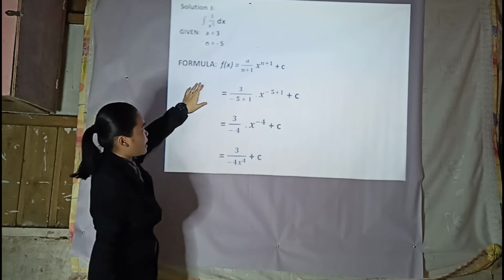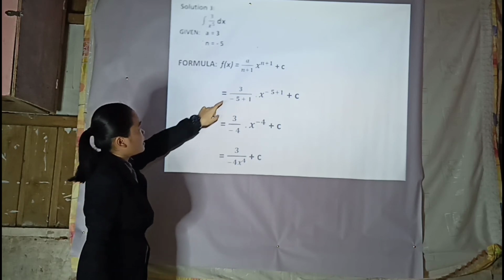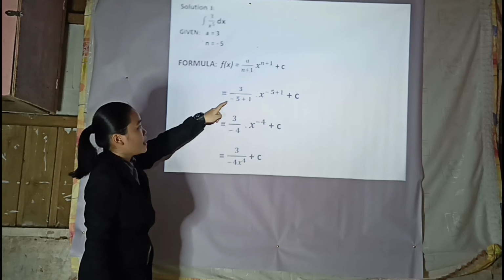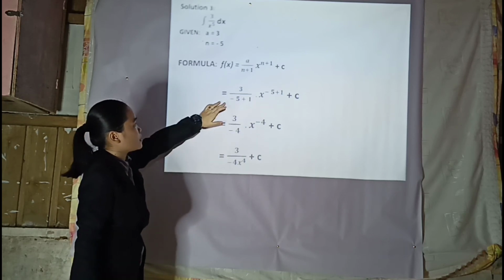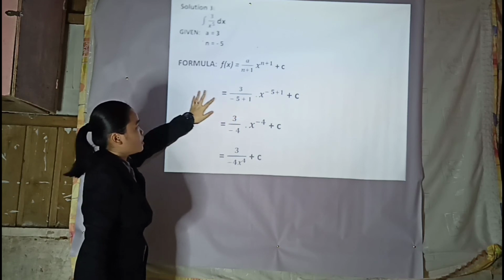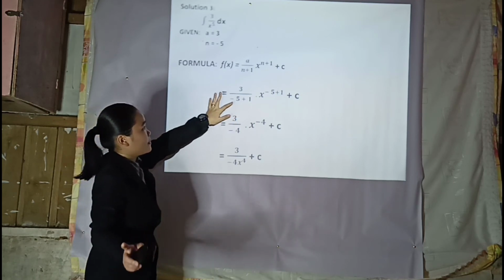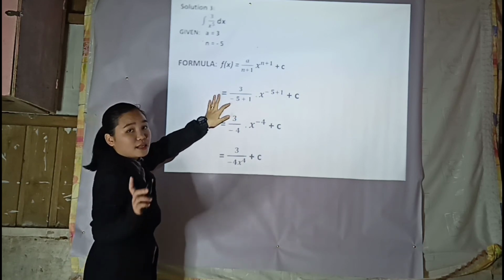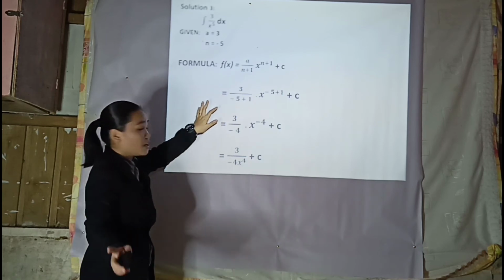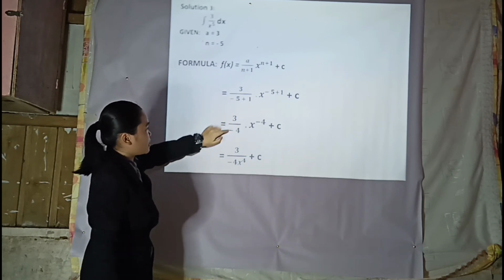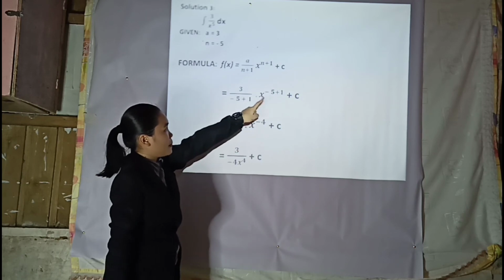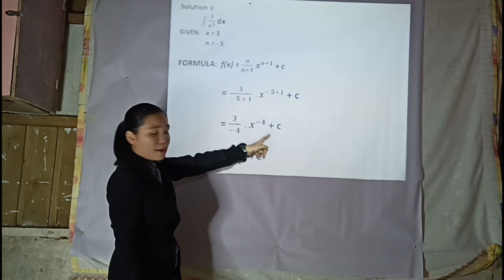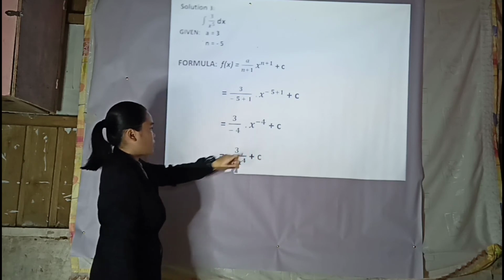So, simplify, we have 3 over -5 plus 1, so -4, because -5 plus 1, since they have different signs, we will subtract and copy the sign of the bigger number. So, we have -4 times x, -5 plus 1, we have -4 plus c, which is our constant.